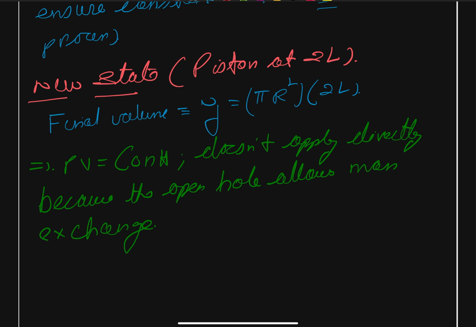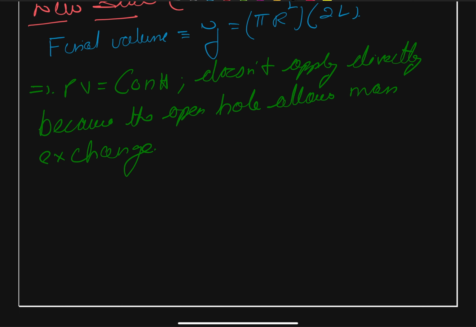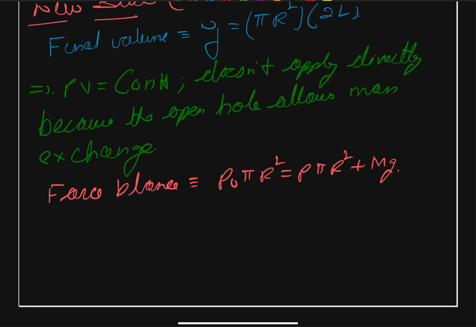Therefore, we can say that once again in the new state the forces will also be balanced. Thus our force balance will give us P naught pi r square is equal to P pi r square plus mg.